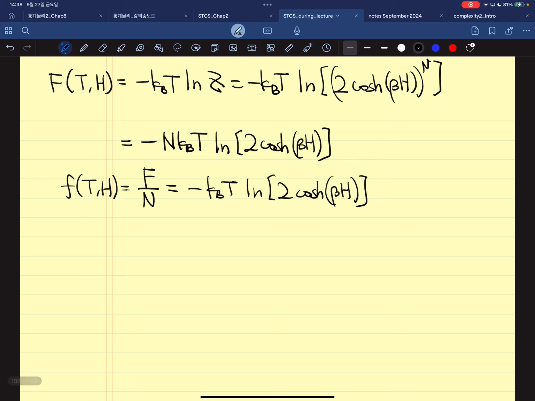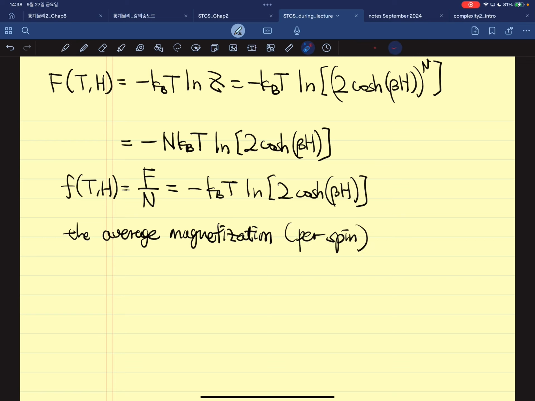Let's start to calculate some physical quantity of our interest. The first one is, of course, the average magnetization per spin. This one is important because, frankly speaking, even if we can see the free energy landscape about this one, free energy doesn't really ring a bell in our brain.